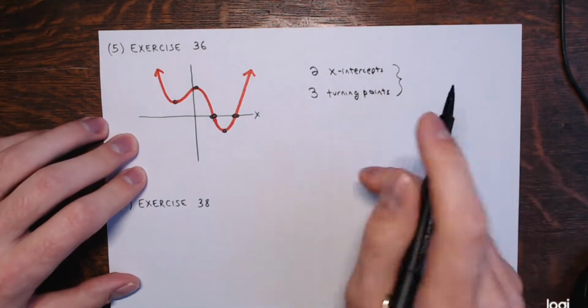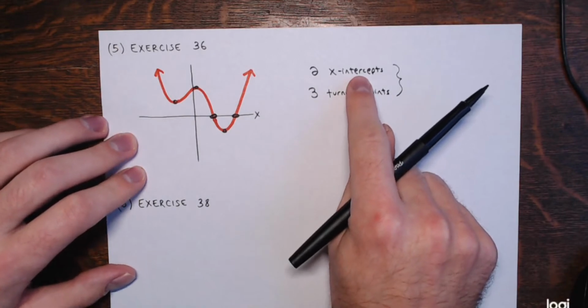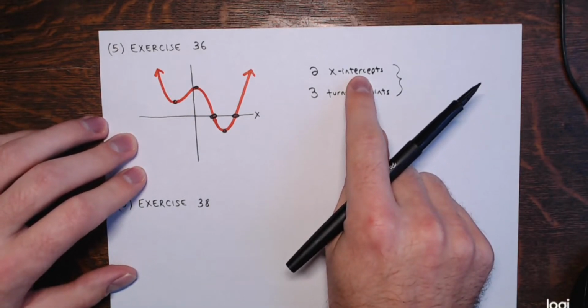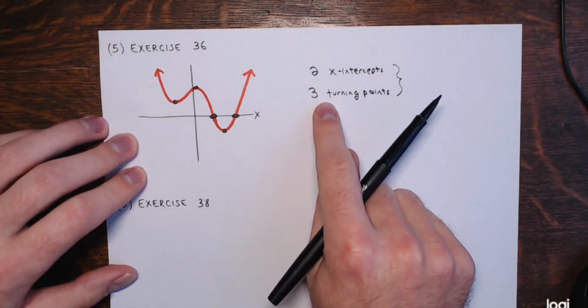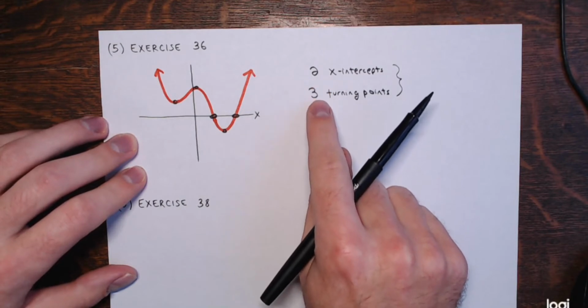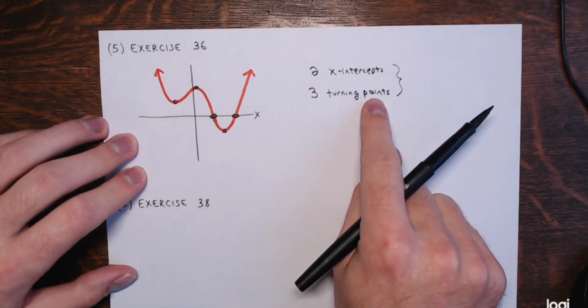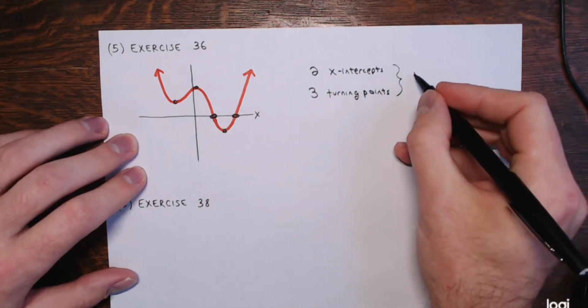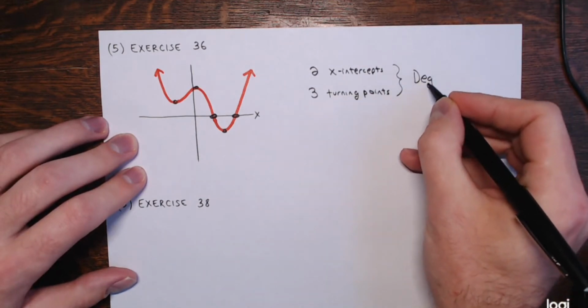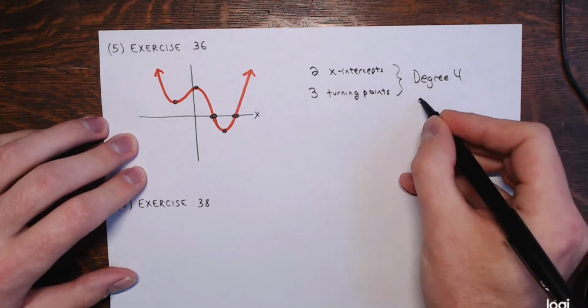Because if you said, oh, this could be a degree 2, no, it can't, because a degree 2 can't have more than one turning point. This has 3 turning points, so it can't be a degree 2. I would say use the higher number. If it has 3 turning points, the smallest degree it could be is degree 4. That means this is a degree 4 or higher.